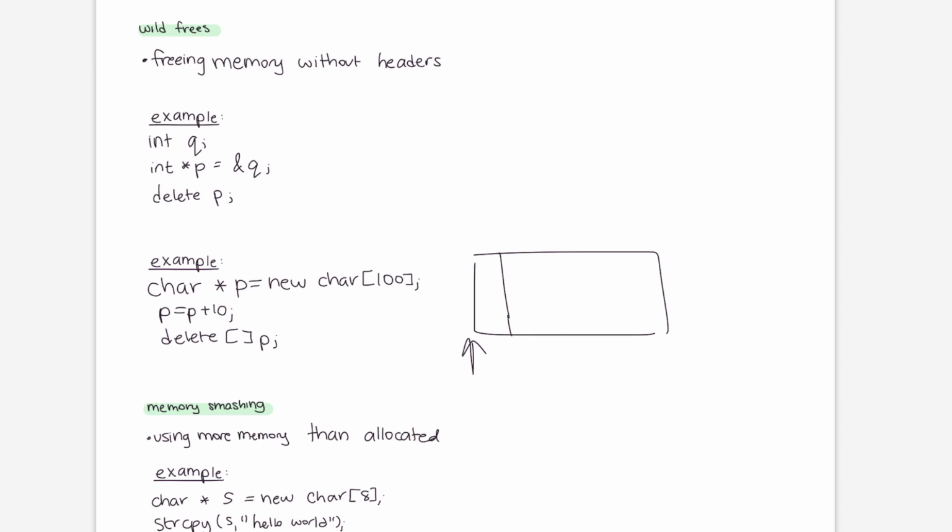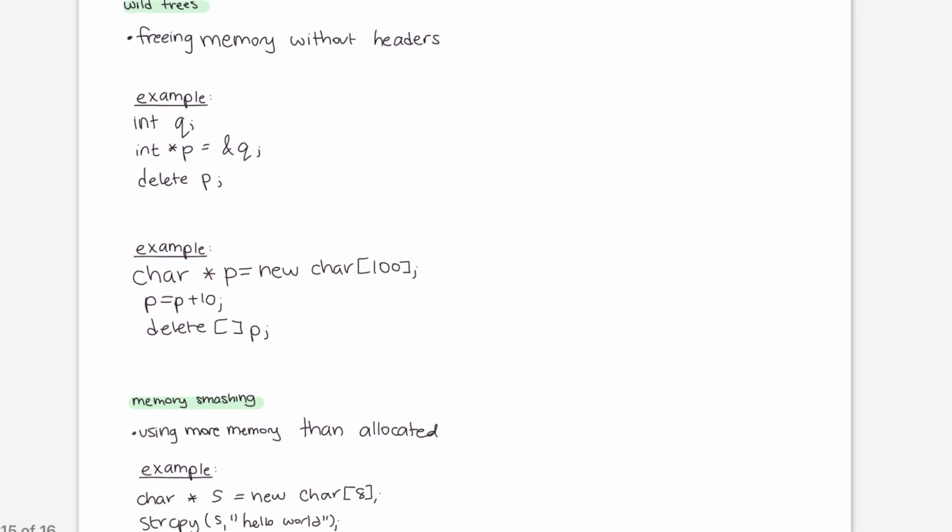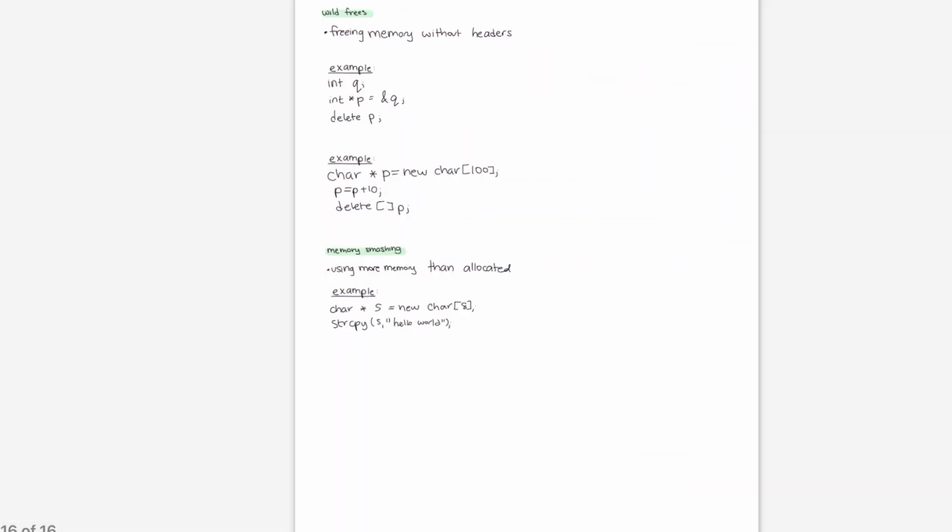But if I'm adding 10 to it, it's going to point later on down the object, and it's not pointing to the object. And so as you can imagine, this is going to cause issues and you guessed it, corrupt the free list.